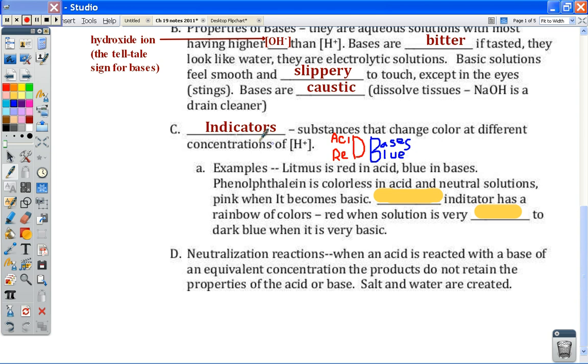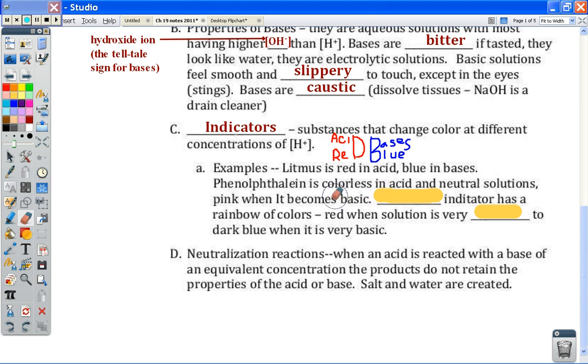So that's for litmus paper. Acids are red, bases are blue. No, it is not the beginning of a poem. Acids turn litmus paper red, bases turn litmus paper blue.